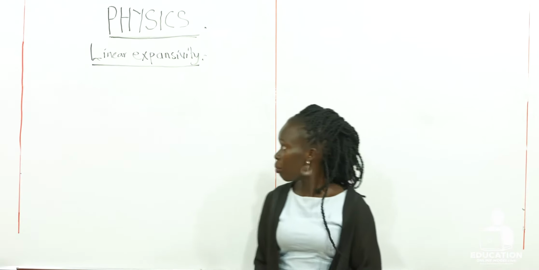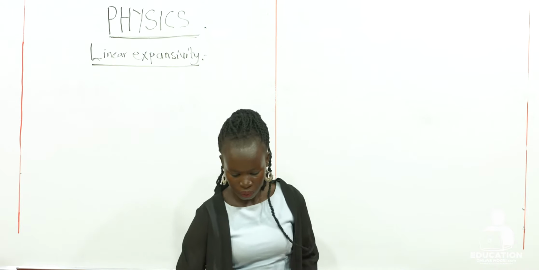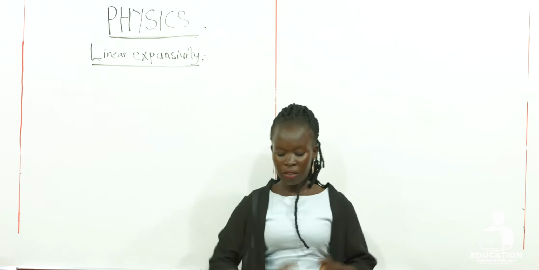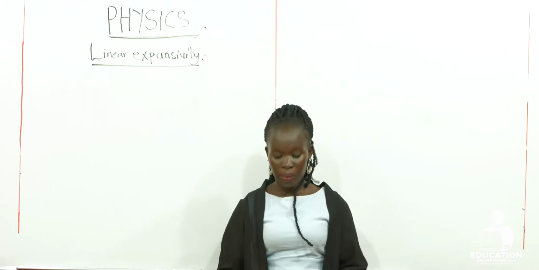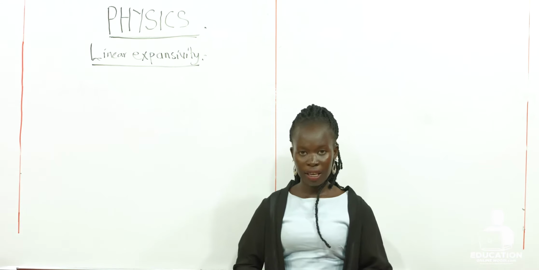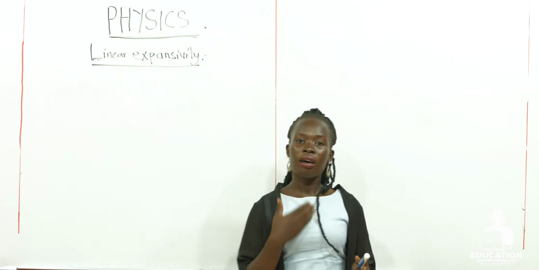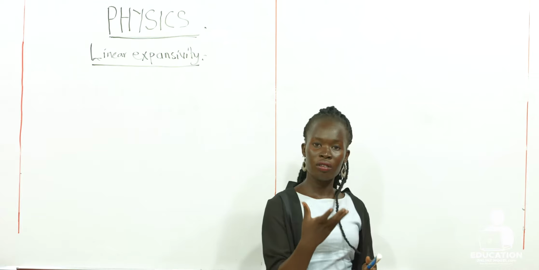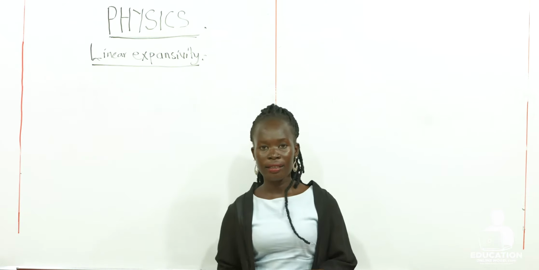So when you're talking about linear expansivity, we are talking about a material's fraction of its original length by which it expands per Kelvin rise in temperature. So we are trying to see how the length is going to increase with an increase in temperature.